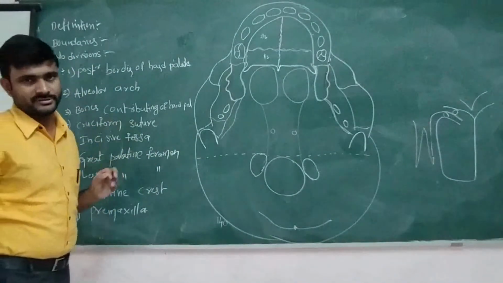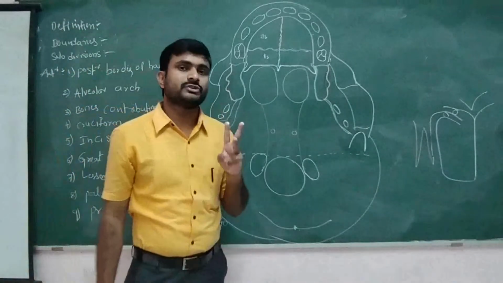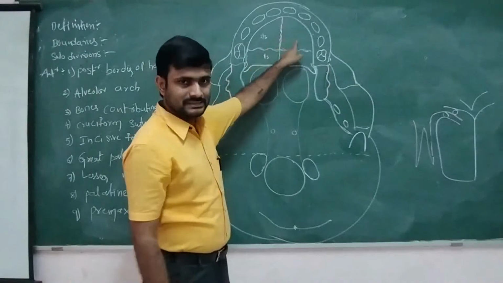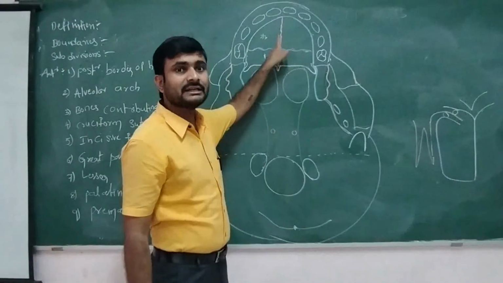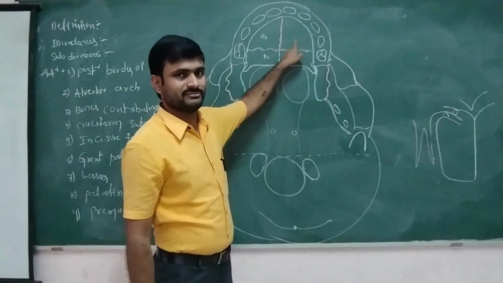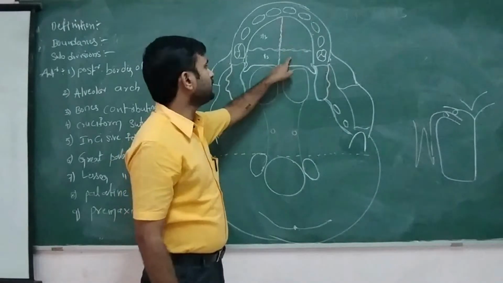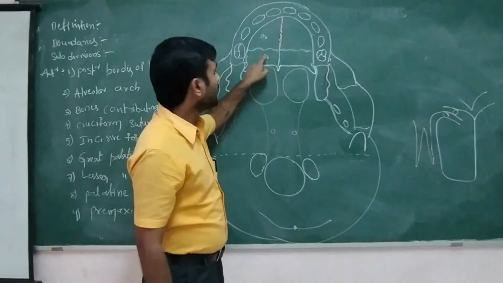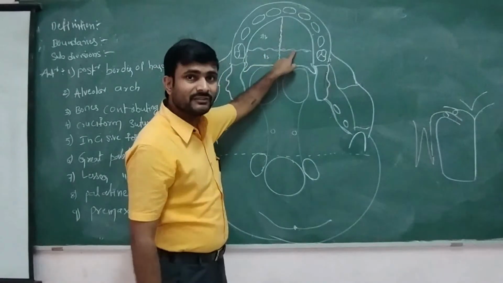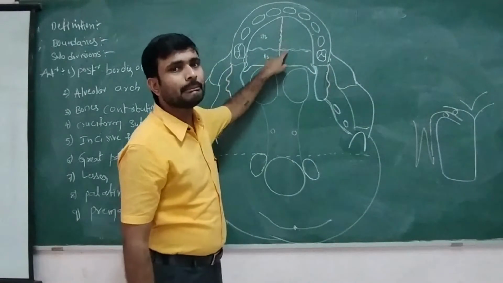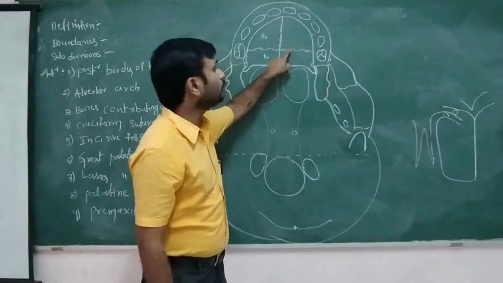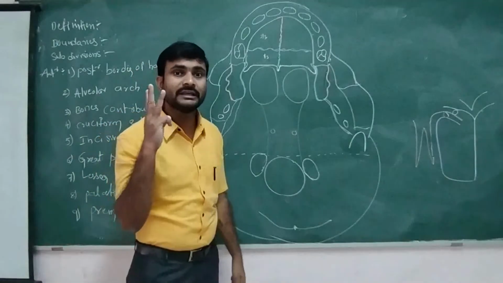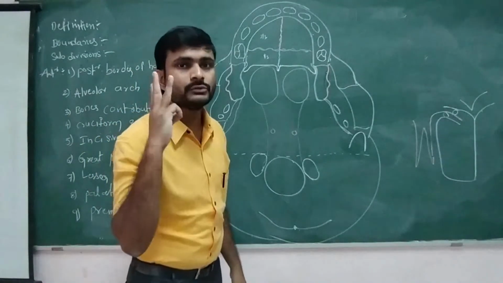cruciform sutures. Here we are seeing three sutures. One suture between the two maxillae, the intermaxillary suture, one suture between the palatines, the interpalatine suture, and one more suture between the maxilla and the palatine, the palatomaxillary suture. How many sutures do we have? Totally 3 cruciform sutures.